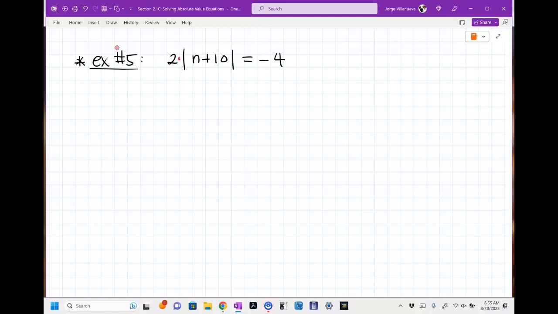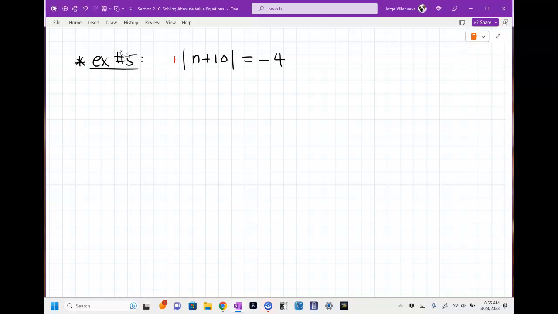Remember, this is 2 times that. So in order to undo multiplication, you got to do the opposite, division, right? You got to ask yourself, what's going on in that problem? That's multiplying, so let's divide it out, okay? Now, if it looked like this, then I would say let's subtract 2, because 2 is adding to it, right?